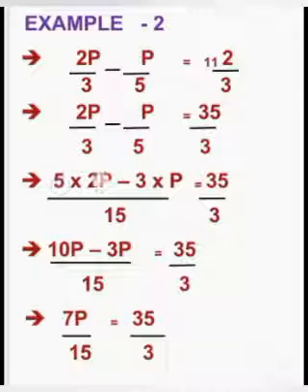Now 5 into 2p is how much? 10p minus 3 into p is 3p by 15, which is equal to 35 by 3. So 10p minus 3p is 7p by 15, which is equal to 35 by 3.